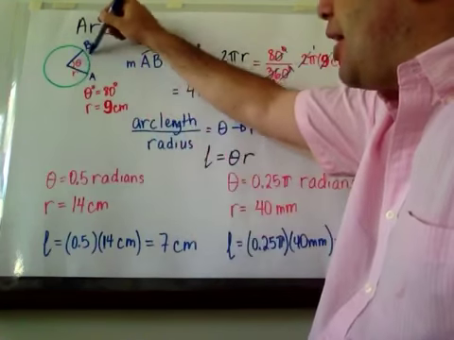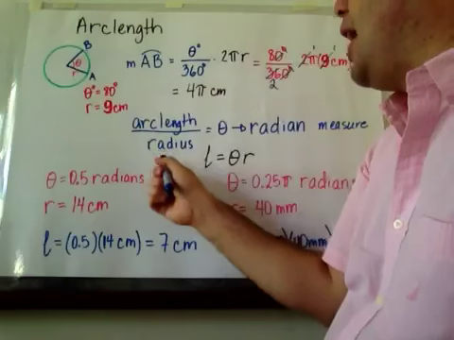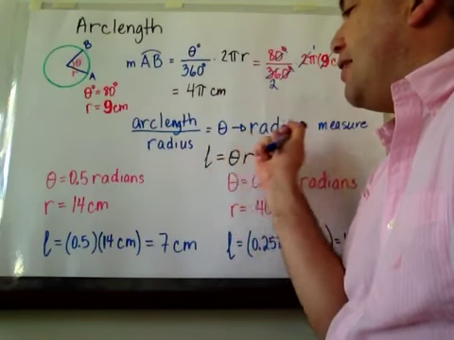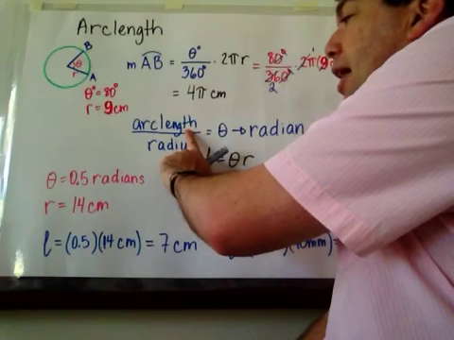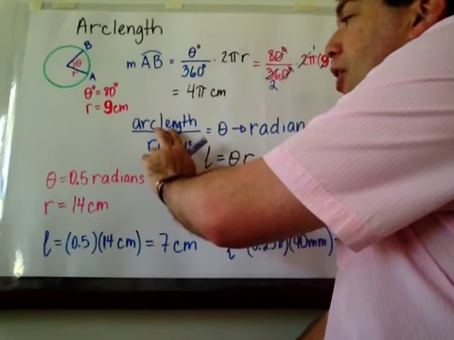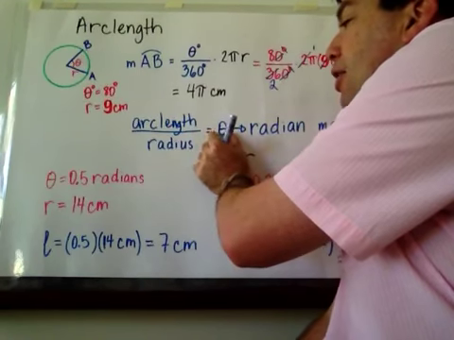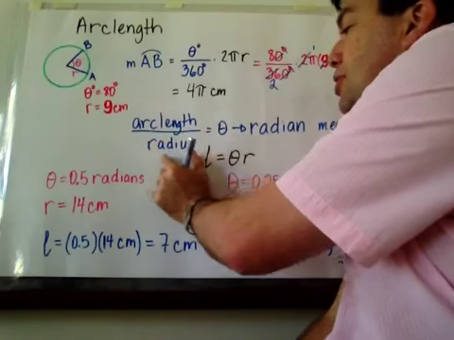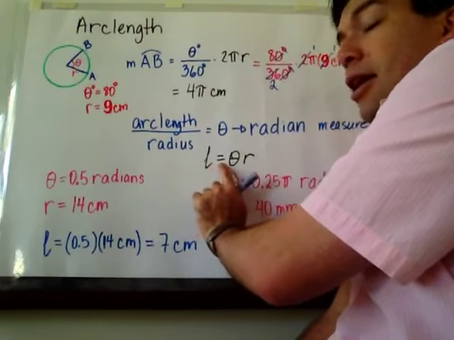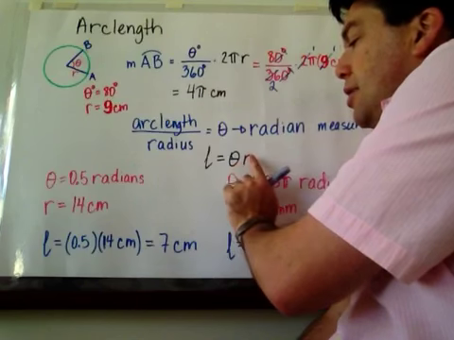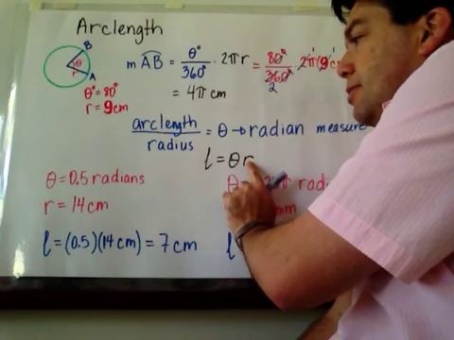If we divide the arc length by the radius, we get the central angle, in this case in radian measure. Arc length, we usually write it with an L. So the arc length can also be said to be the angle in radian measure times the radius. Got the formula right here. Length equals angle in radians times the radius.